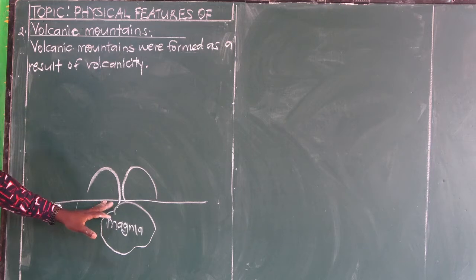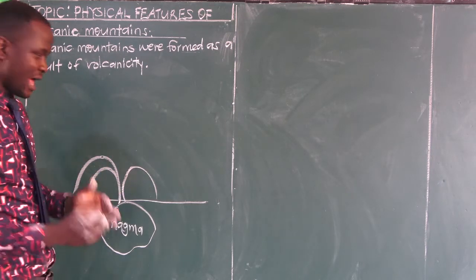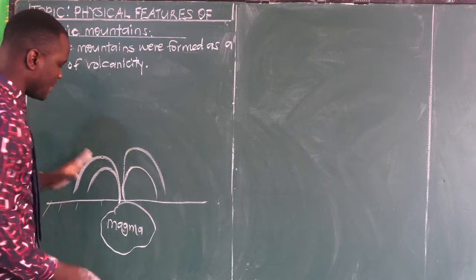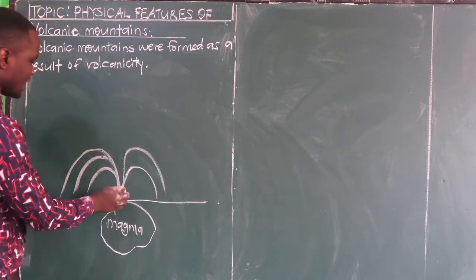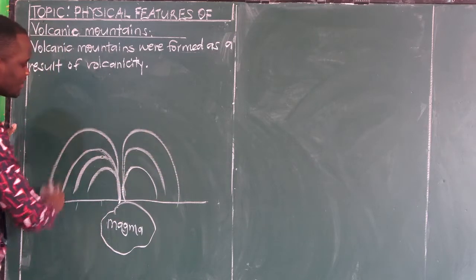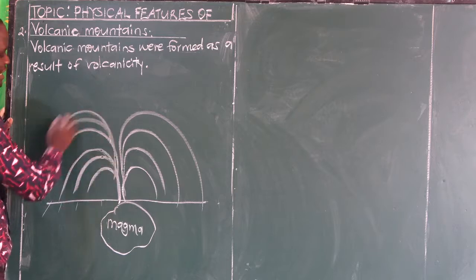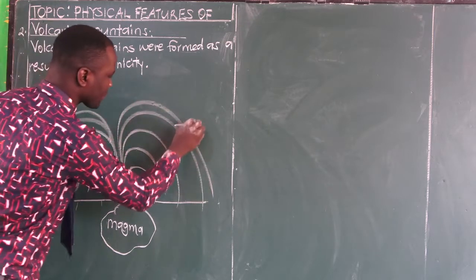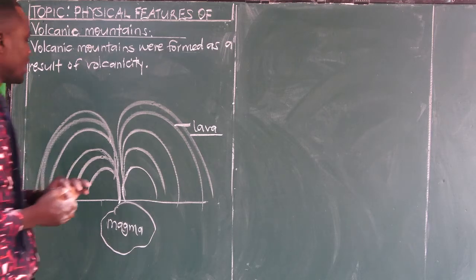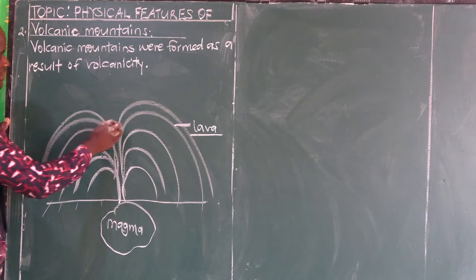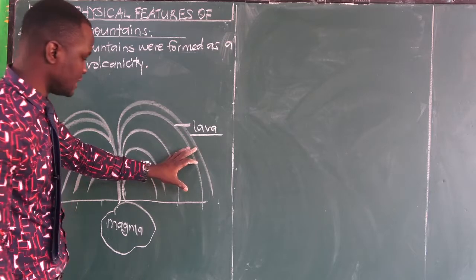Now, as this magma is coming out, when it comes out, it becomes what we call lava. Remember, it comes out and it continues flowing sideways. And as it continues flowing sideways, it keeps on piling. At the end of it all, this lava will solidify. That is the spelling of lava, not the other one that we have in science. As a result of that, it will solidify and it will become a mountain.